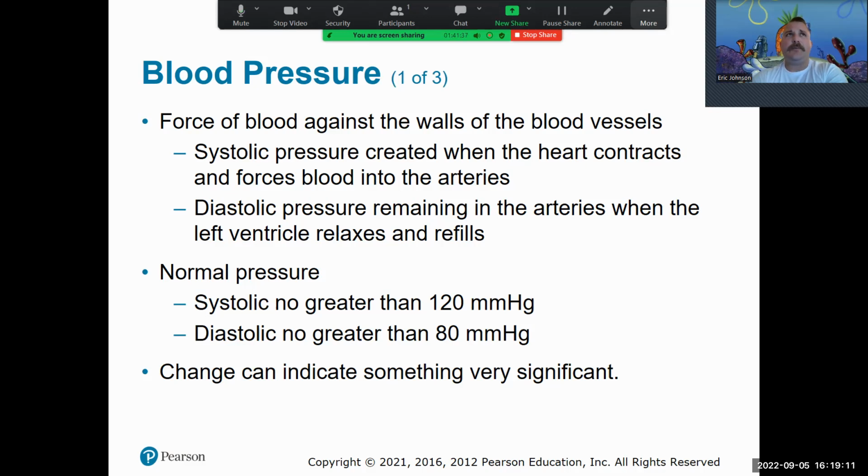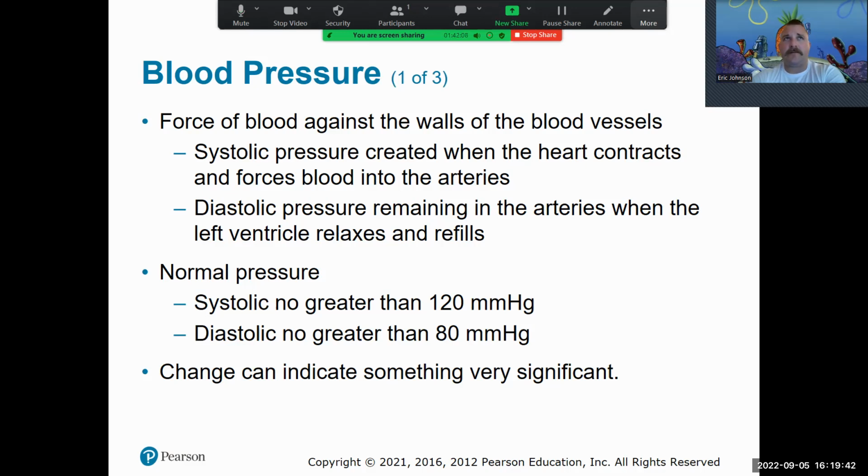So an example would be a patient with a blood pressure of 160 over 90. 160 over 90 definitely sounds like it's higher than 120 and higher than 80 on the diastolic, correct? Of course. Now, 160 over 90 is certainly no blood pressure to write home about, and no one in their right mind would say that that's healthy. But for some people, and really for a large amount of adults in the United States, as well as the rest of the world, that type of blood pressure would be normal.